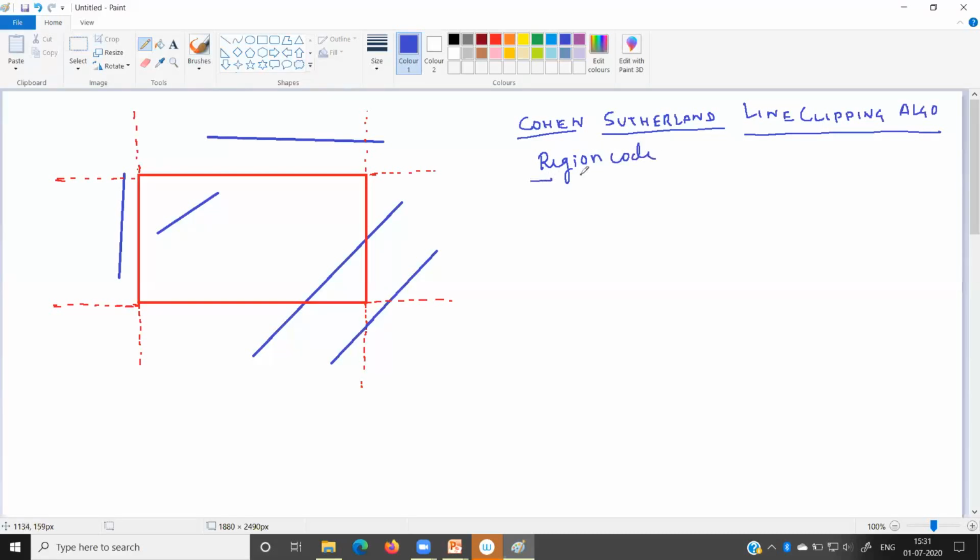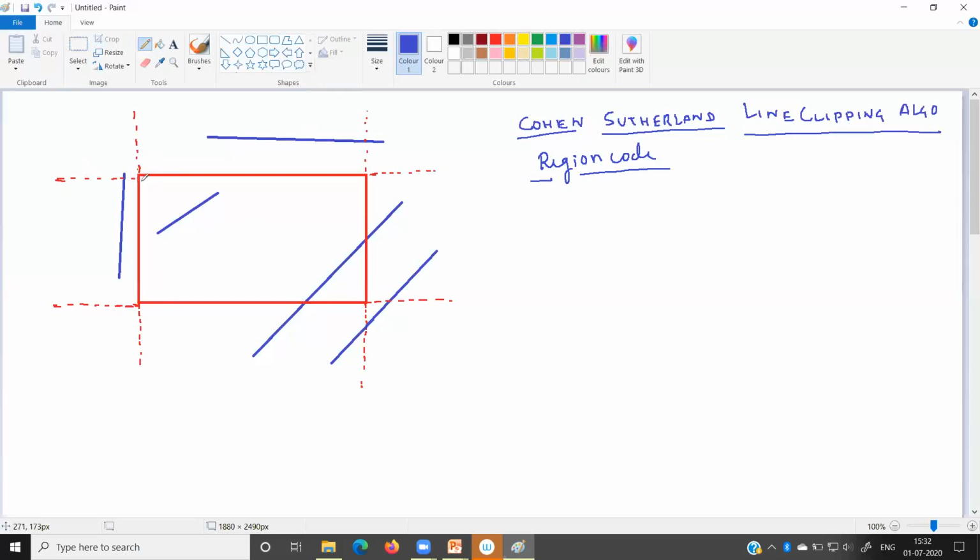This region code identifies whether the line segment is above the clip window, below, on the left side, or on the right side of the clip window. Here you can see the line segments are divided into regions.